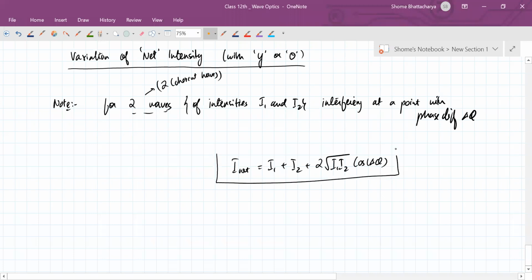This could be intensity of sound waves or electromagnetic waves. In case of transverse waves, instead of intensity, we talk about the power transmitted. Basically, this formula was coming from this one, the net amplitude.